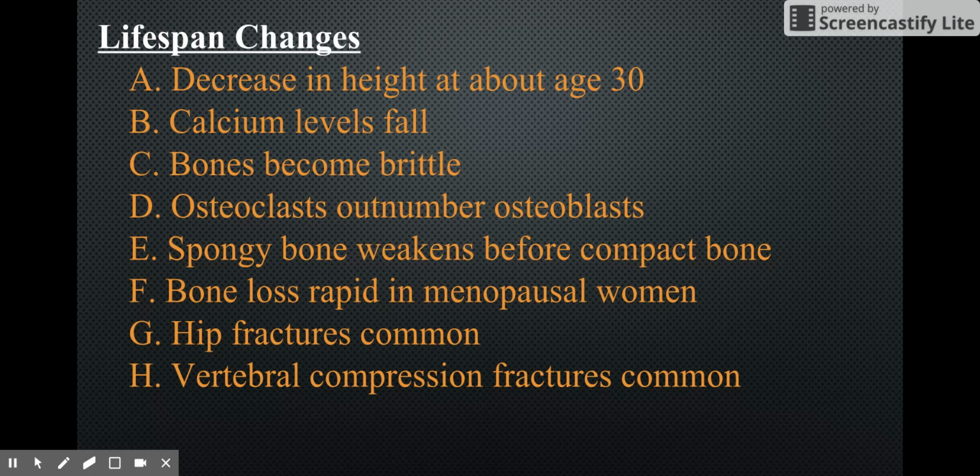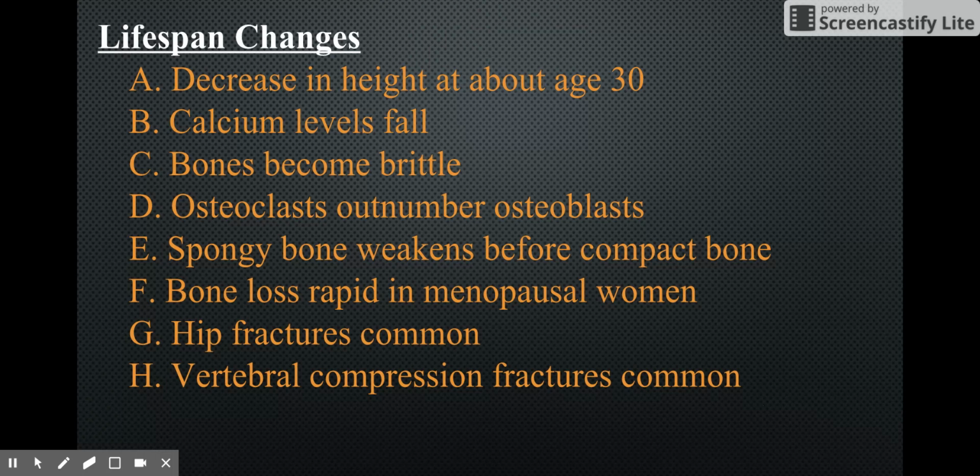Now, something we're going to talk about in each of our systems is how things change throughout your lifetime, because this is your body. You should know it and you should understand what's going to happen to it as you get older. So once you hit about 30, sadly, you're going to have some little microfractures happening, and you can decrease in height. I know it's not the best news.